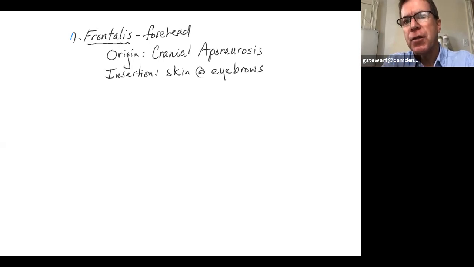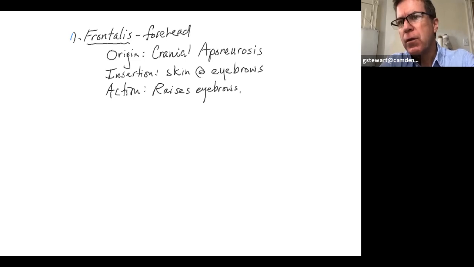And the action just means what happens when this muscle contracts. Mostly, it raises the eyebrows. It also wrinkles the forehead. So this is just telling us what that contraction produces.